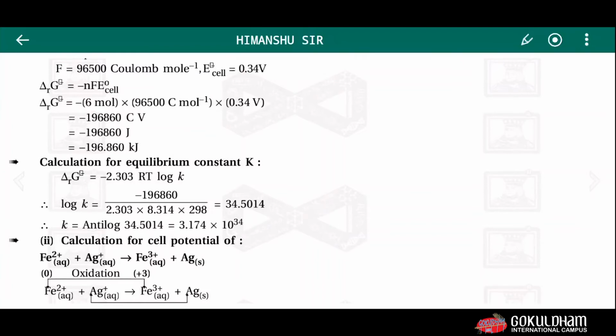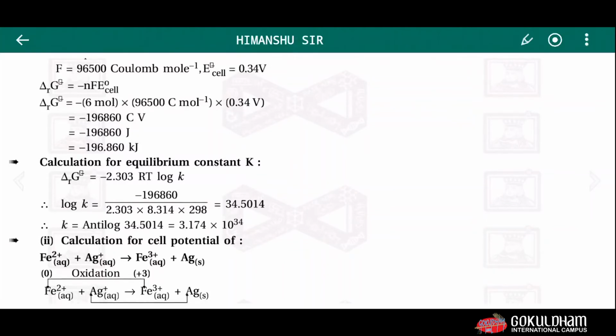So the answer is 34.514, but we want the value of K. So K is equal to the antilog of 34.514. By the rule of antilog, the digits before the decimal, that is 34, go on the power of 10, 10 raised to 34, and for the digits after the decimal, 0.514, you can see from the antilog table.